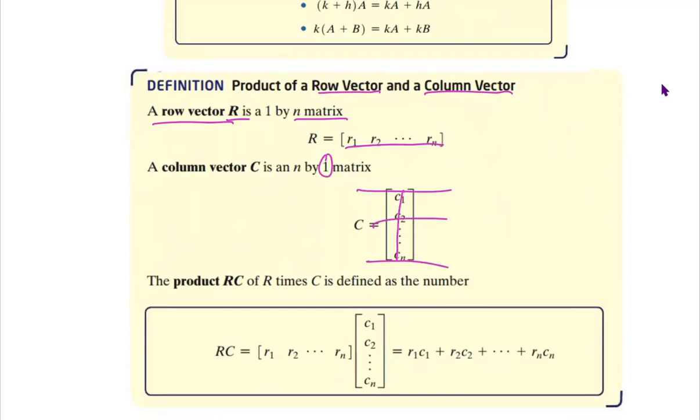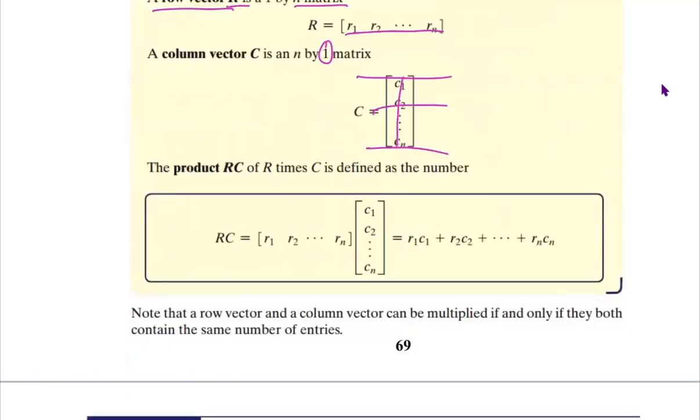And you can multiply the two. We will see multiplication, but basically when you multiply a row vector by a column vector, you just multiply the elements with the same numbers together.